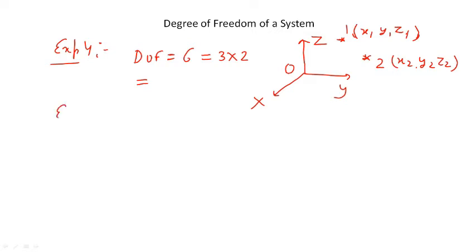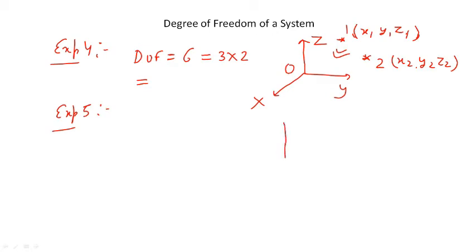Now I am taking the other example, number 5. Here it is to be noted that in example number 4, the distance between the objects is not constant, it is varying at any instant. If object number 1 has the Cartesian coordinates x1 y1 z1, and object 2 has the Cartesian coordinates x2 y2 z2, then the degree of freedom will be 6.